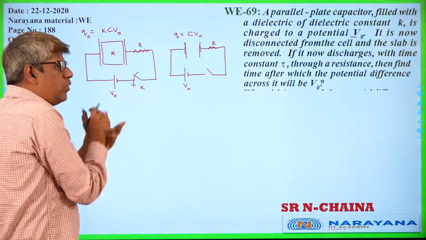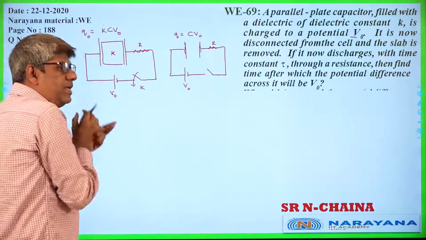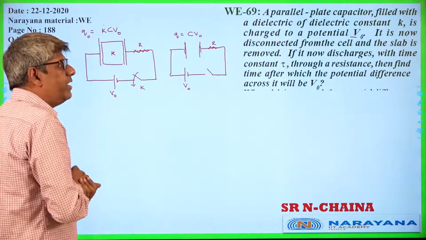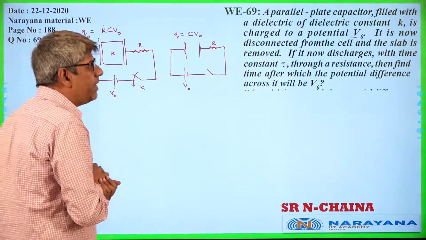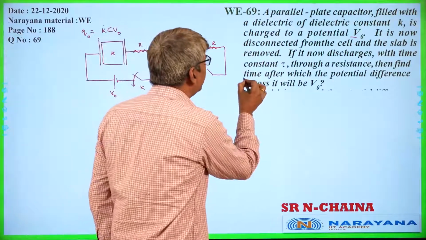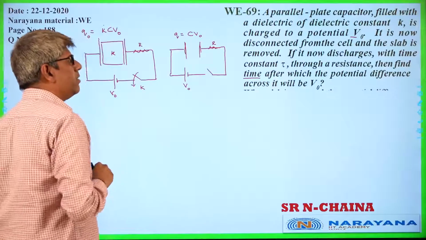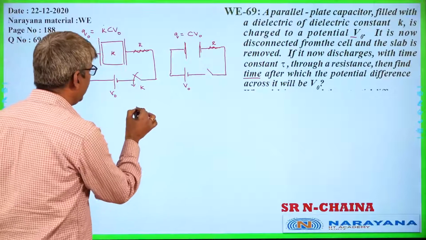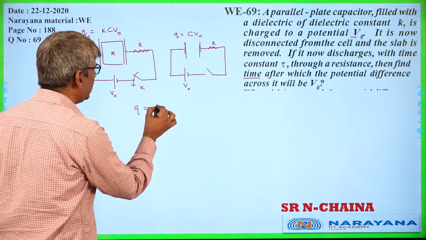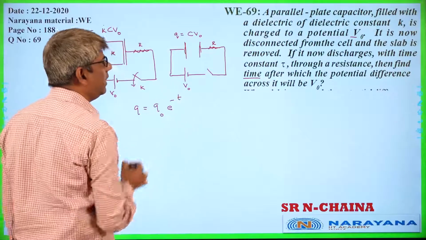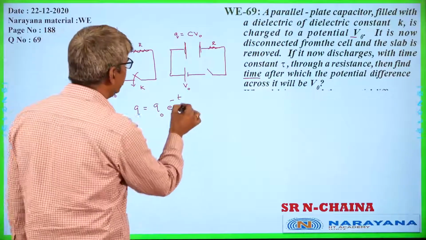Here when the key is open, this phenomenon is called discharge, meaning decay of charge. So we have to go for the formula of decay of charge, and we are asked to find after what time the potential difference will be V0. That's why we know in discharge Q is equal to Q0 e power minus t by tau, where the time constant is given as tau.